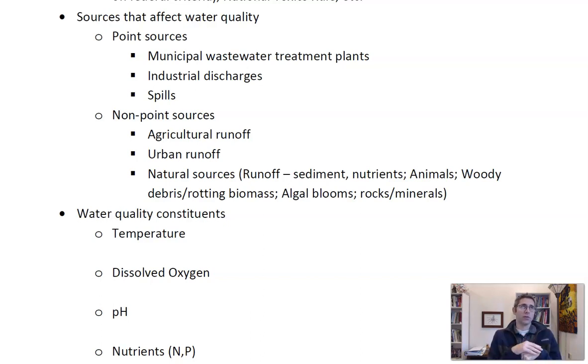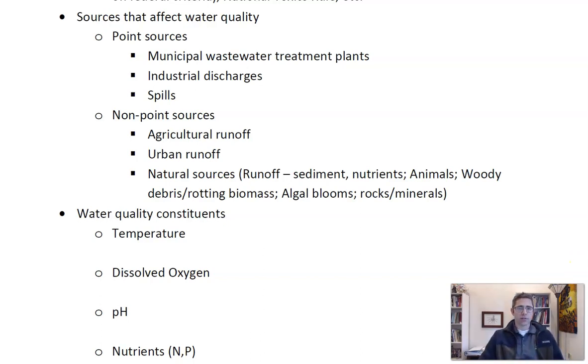And to a large degree, a lot of those have been cleaned up, regulated. Not all of them, but there's a lot of money and effort that goes into those, in part because we can see them, we know where they are, they're easier to regulate.